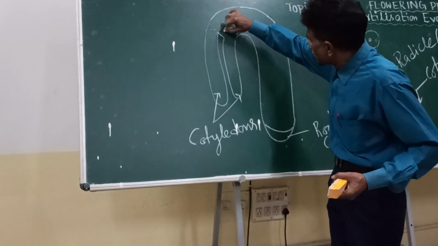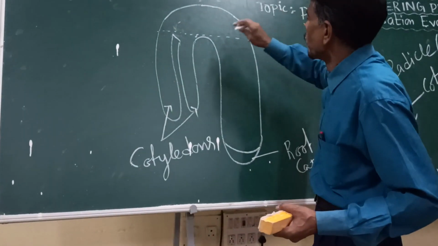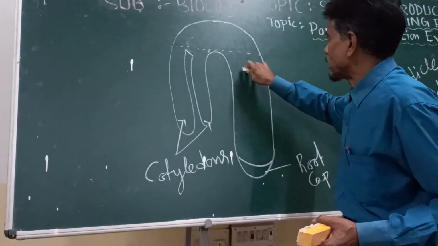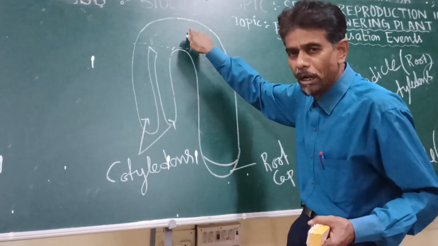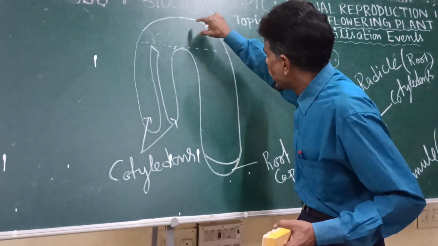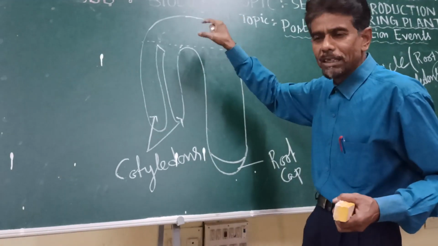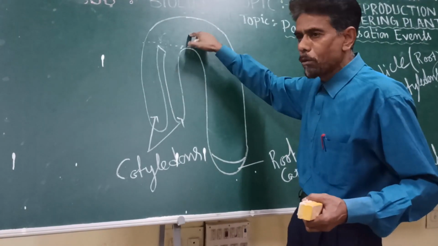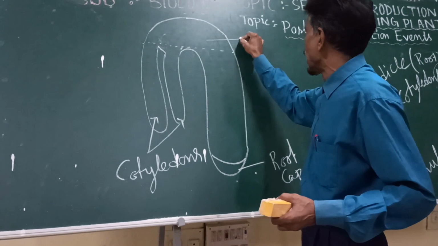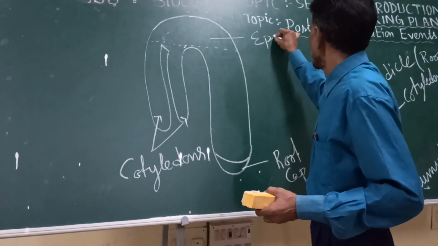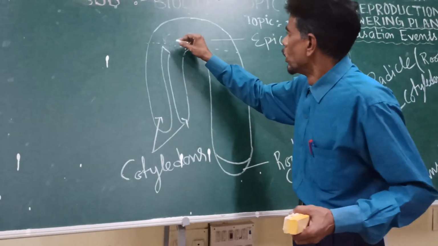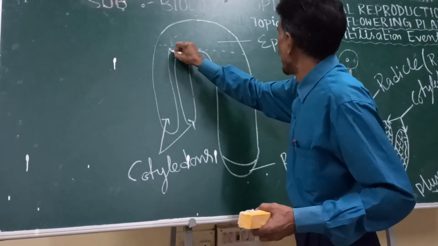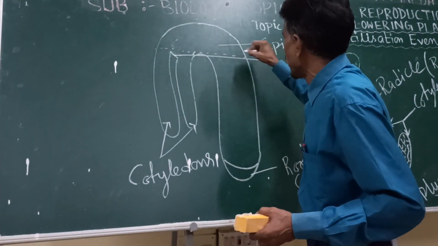This embryonal axis, the part or portion of the embryonal axis above the level of the cotyledon, what you call the epicotyl, which is having an extreme area.